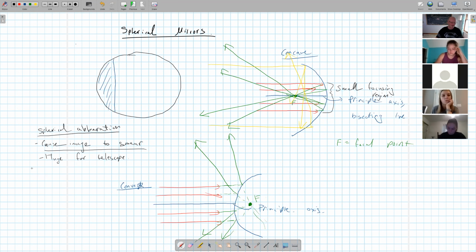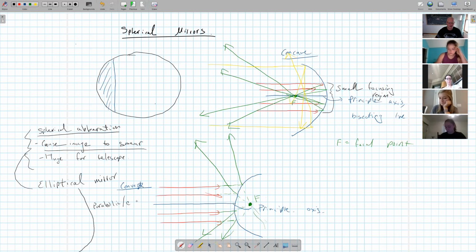The only way to get around this is to use what's called an elliptical mirror. What happens in an elliptical mirror is it's actually not spherical, it becomes more parabolic. So your elliptical mirror is something more like this, which is parabolic in shape.